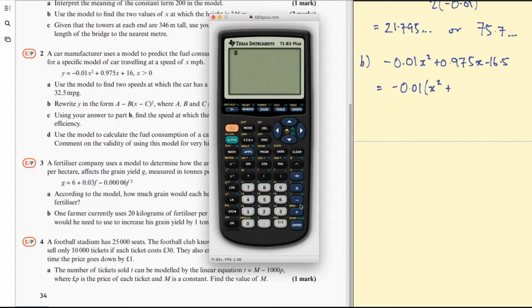So let's see, 0.975 divided by negative 0.01. That's negative 97.5.